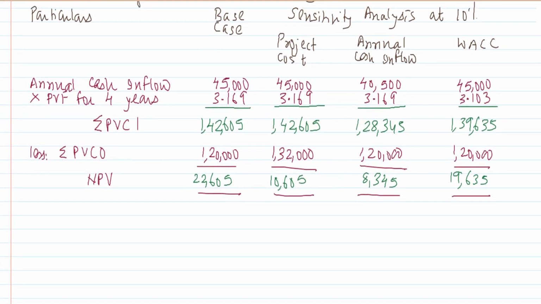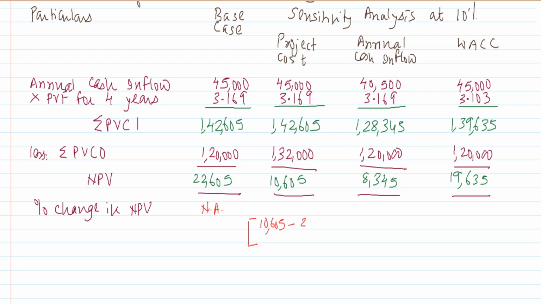And now it is time to work out the percentage change in NPV. So we say percentage change in NPV. In the first case, we will say not applicable. We have to do now in the second case the percentage change in the NPV. I'll show you for the first one. Our new NPV is 10,605.